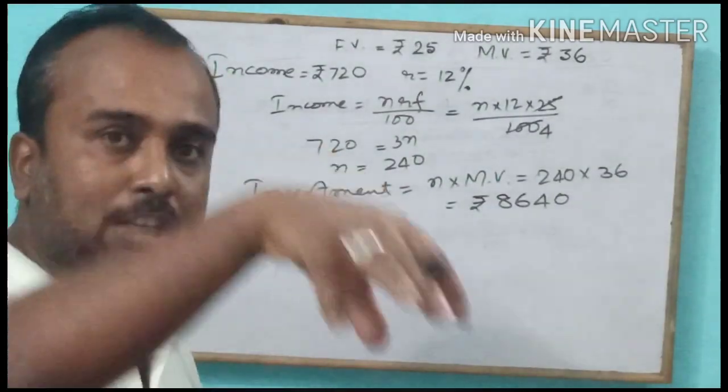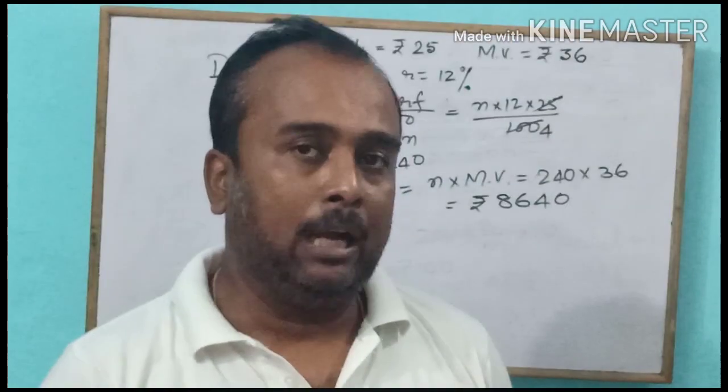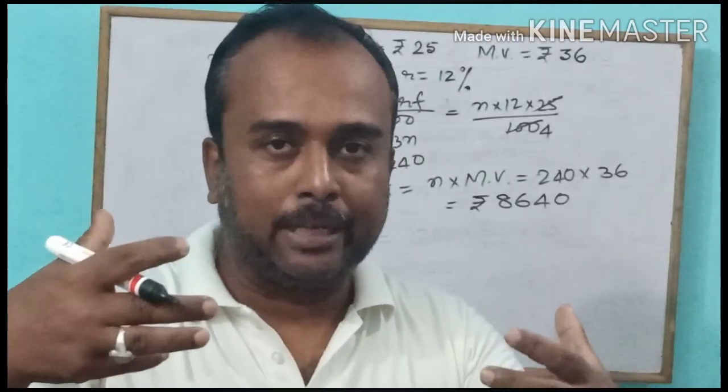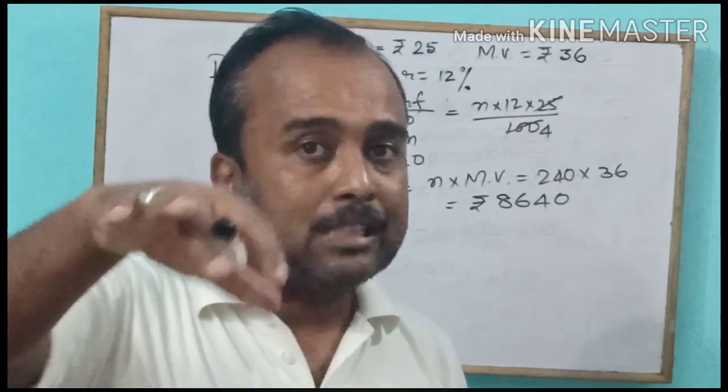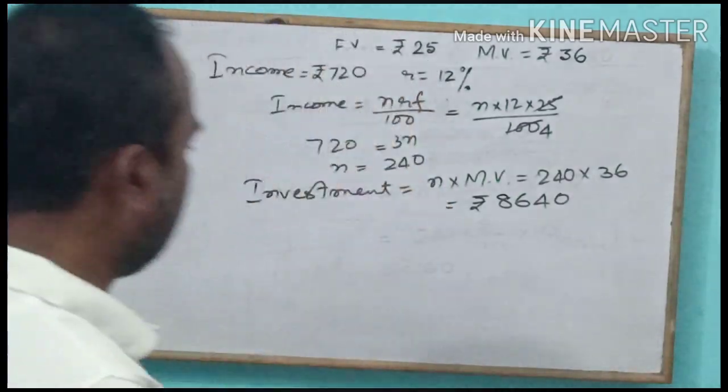Income on the investment: if I have invested more, my income will also increase. How much will it increase? Its comparison is done with the help of the percentage, that is the percentage of return.